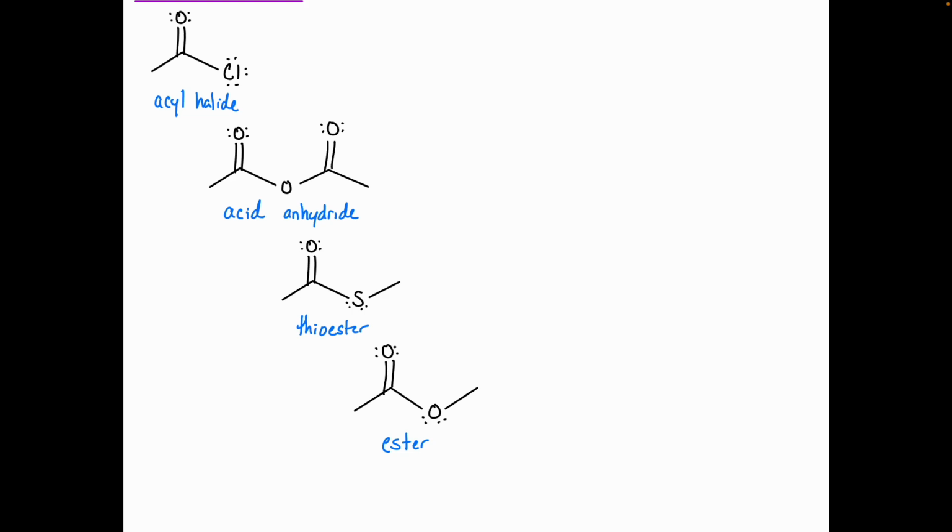All right, and in terms of our reactivity, these normal old esters are actually tied with another one of our carboxylic acid derivatives. So I'm going to put directly next to it the namesake of our functional group category here, the actual carboxylic acid itself.